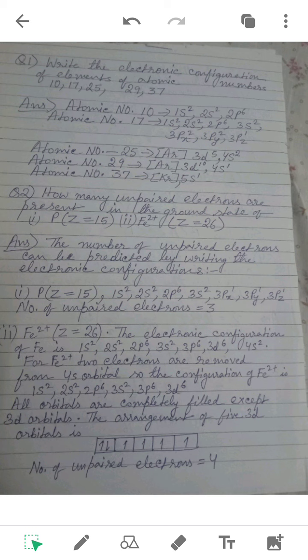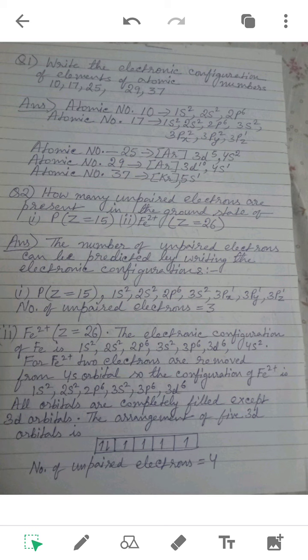The number of unpaired electrons can be predicted by writing the electronic configuration, and then we can count them. For P15, I have written the electronic configuration: 1s2, 2s2, 2p6, 3s2, 3px1, 3py1, 3pz1. So clearly you can find 3 unpaired electrons.